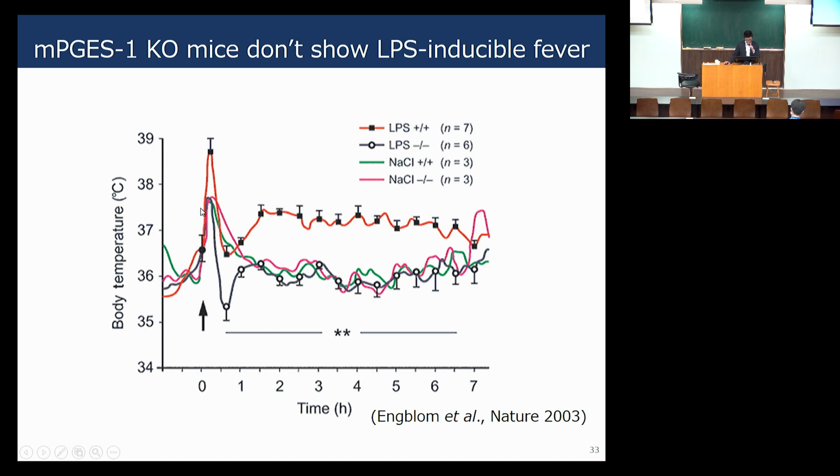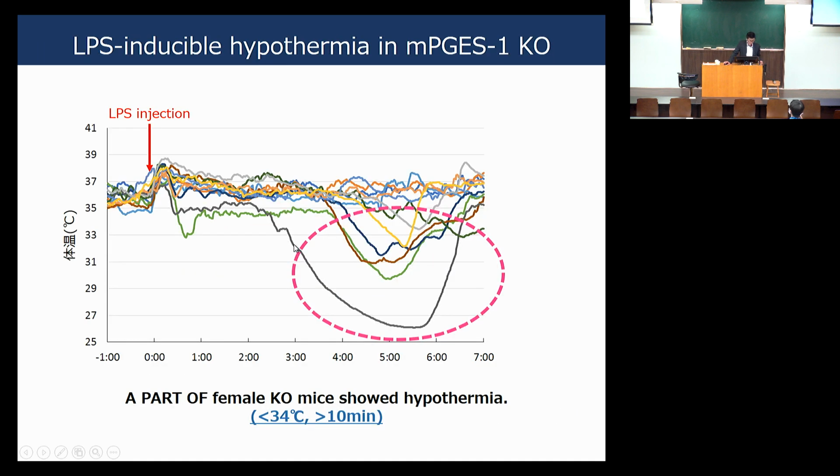But some years ago, when I was doing a similar experiment, I found that some of them produced not fever, but very low temperature, hypothermia. Their temperature decreased a lot.